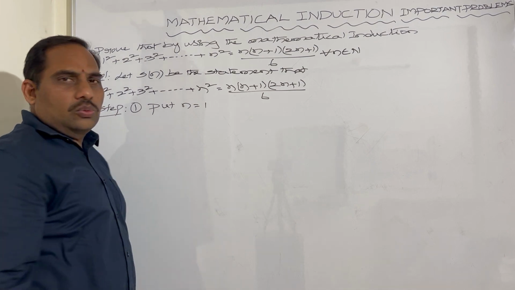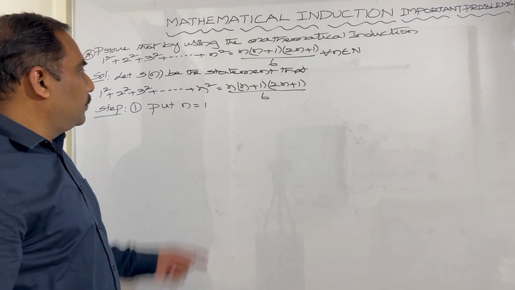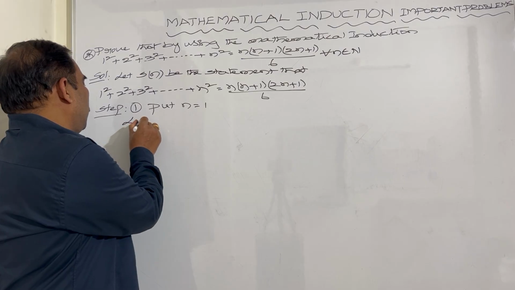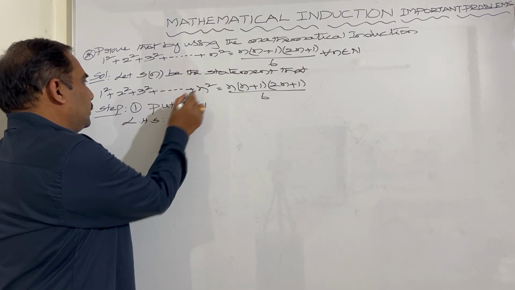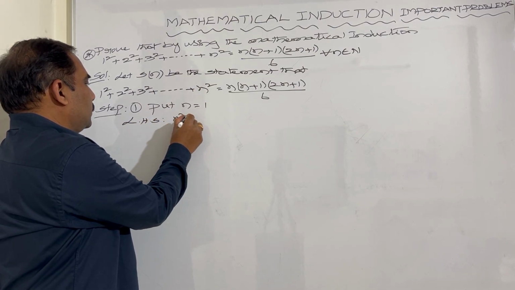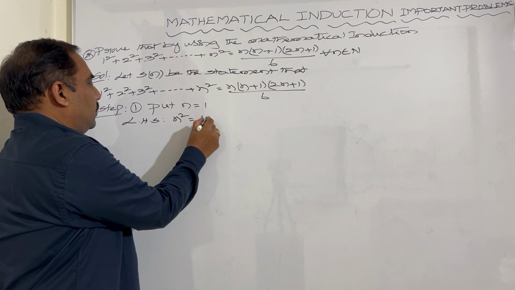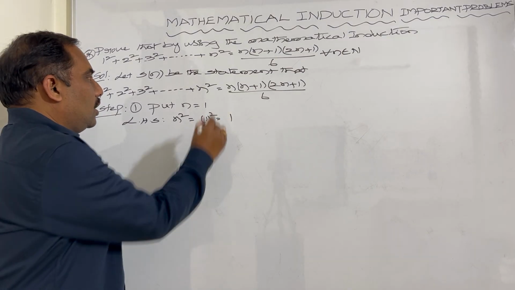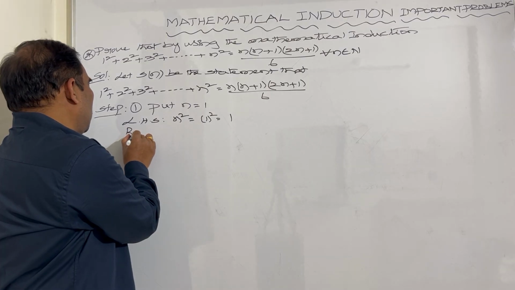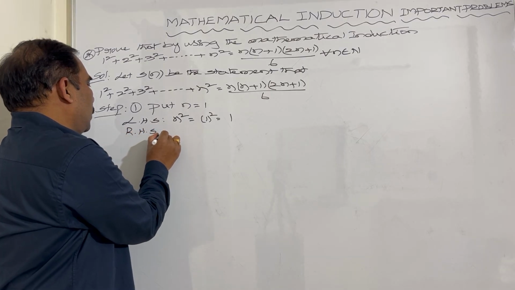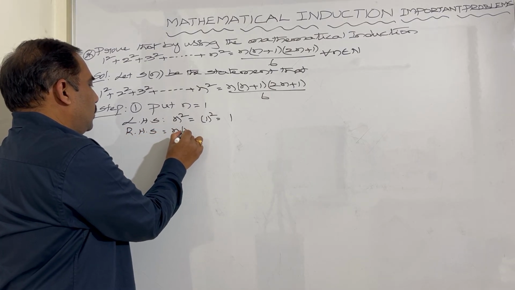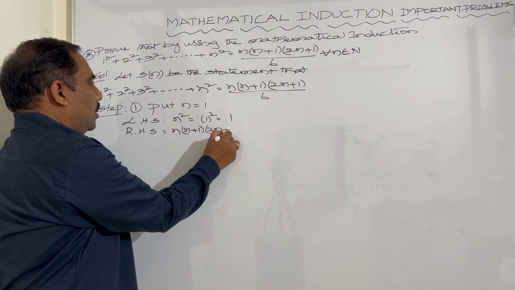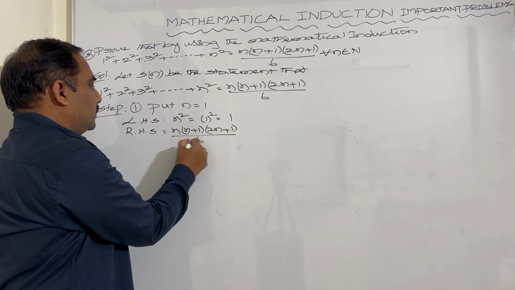Where do we have to put n is equal to 1? In the LHS and RHS. Here in the LHS we have n squared. If you put n is equal to 1, we get 1 only. In the RHS we have n into n plus 1 into 2n plus 1 whole divided by 6.